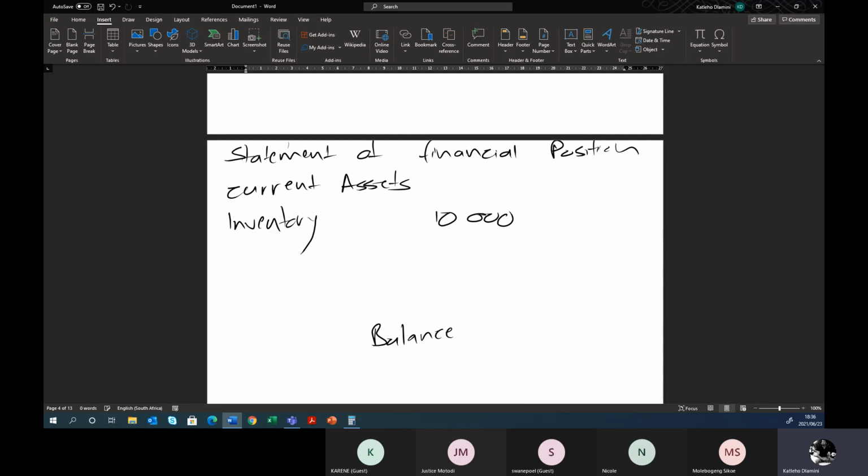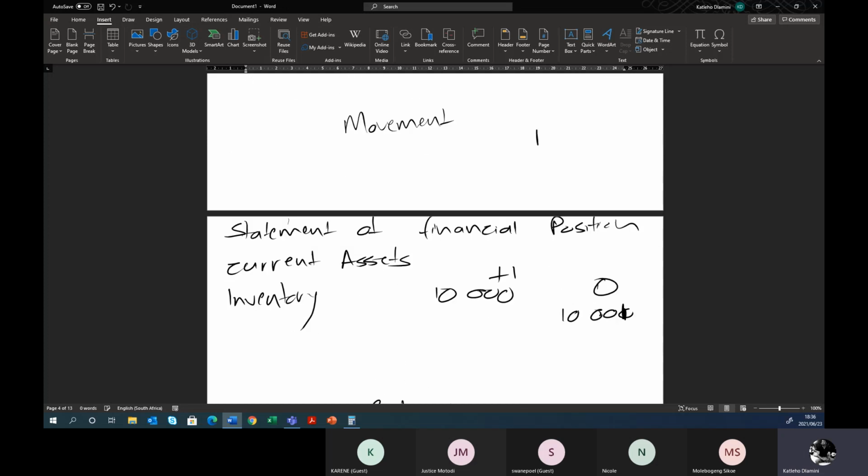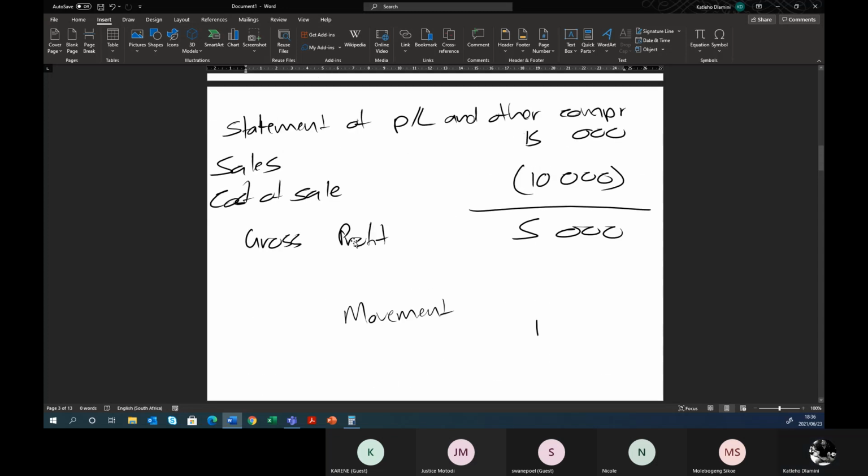So now we are at 0. Next month or next year, if I added another 1, I would have 10,001, whereas with the income statement it will just show +1.